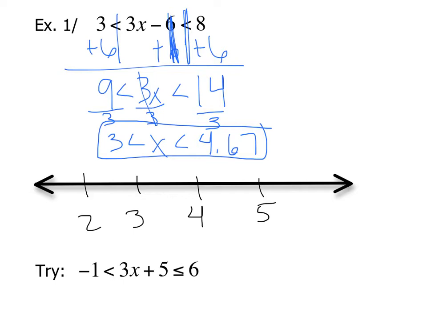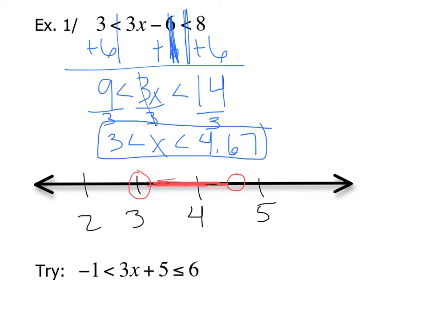Open at 3. And the second one? Open at 4.67. This is where you kind of guess. You don't need to be exact, but figure out whereabouts it's going to be. And since this is a compound inequality that's all one and all connected, you connect your dots.